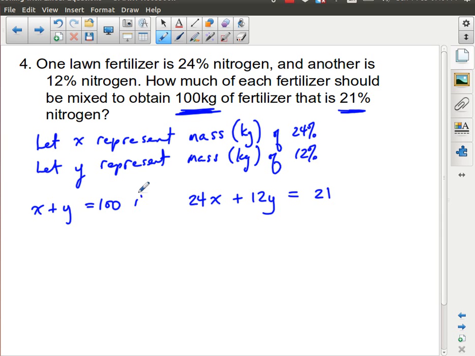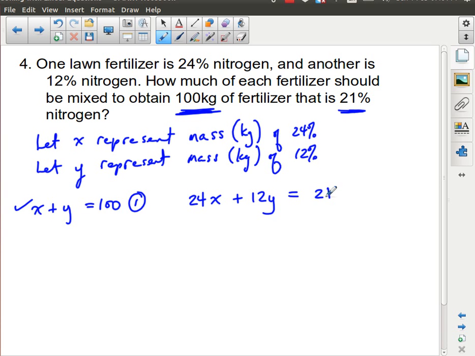This one is actually correct. This is wrong. So take a look at this and try to figure out why this is wrong. I've got 24% mixture multiplied by the mass of the first mixture plus 12% of the mixture times the mass of the second mixture is equal to 21%.